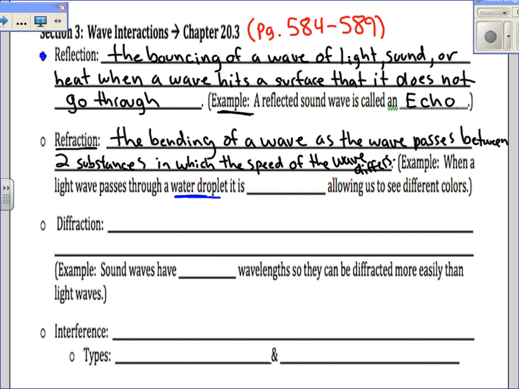Through a water droplet, it is dispersed, allowing us to see different colors.